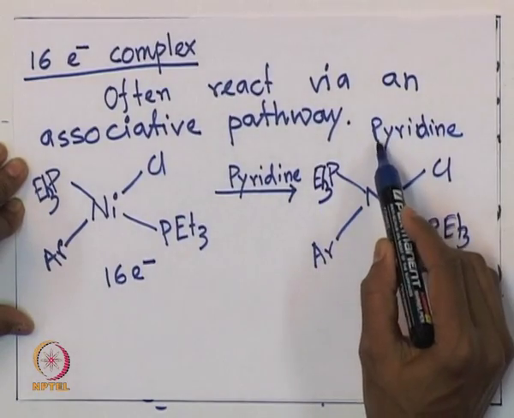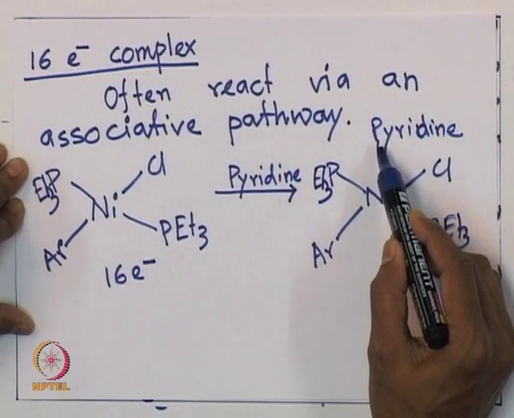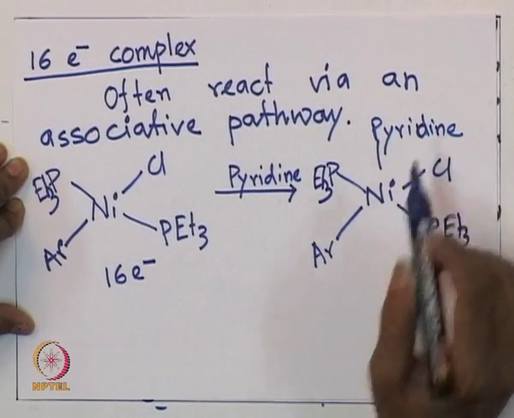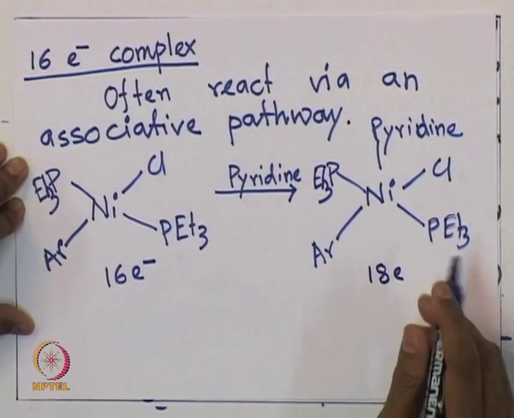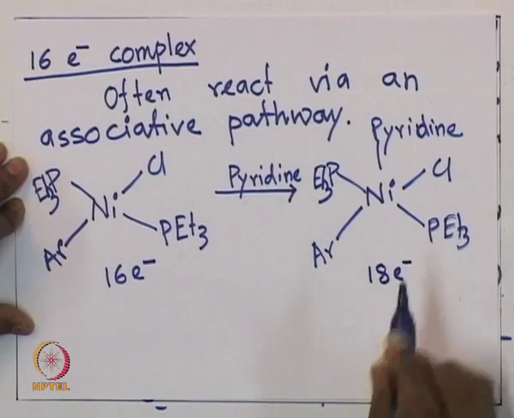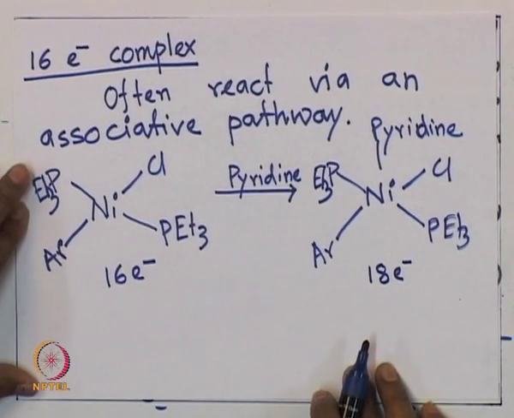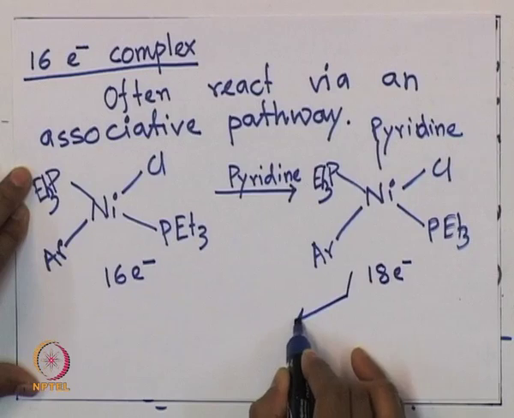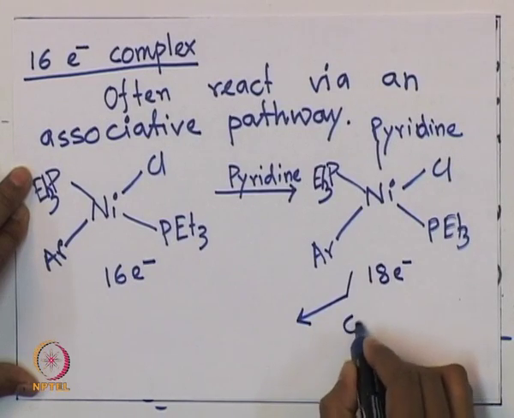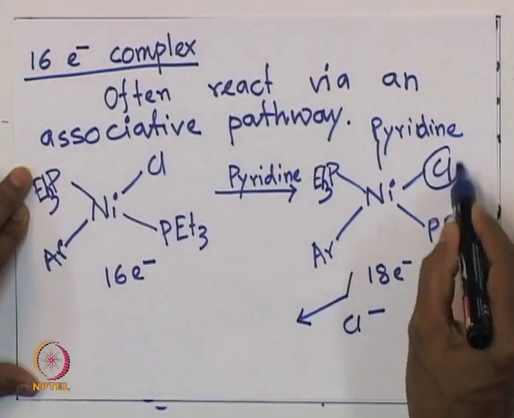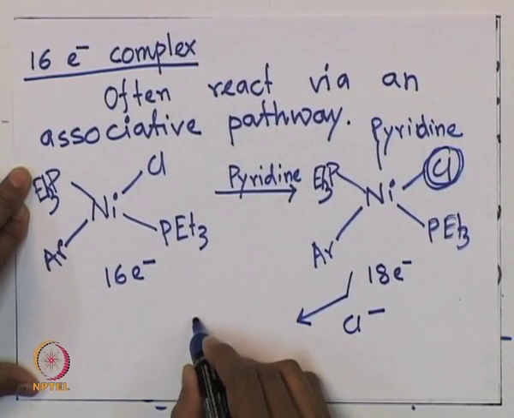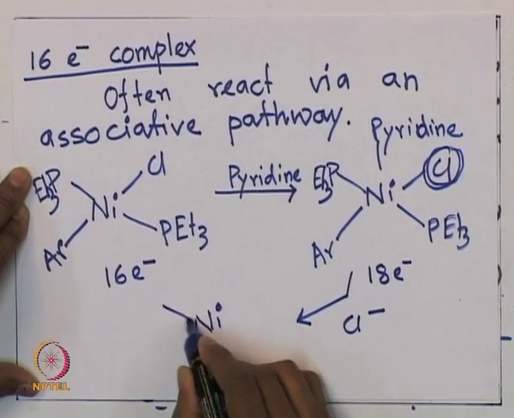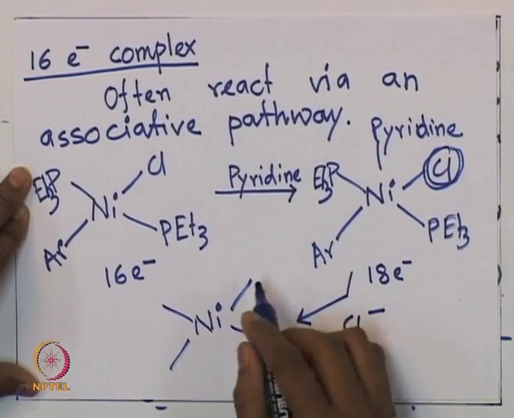Now, since pyridine is a 2 electron donor, you will find that the total electron count has gone up to 18. So, it is now an 18 electron complex. Subsequently, one of the chlorides will come off, and eventually you will have again a square planar complex.